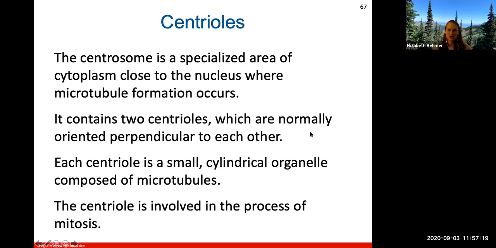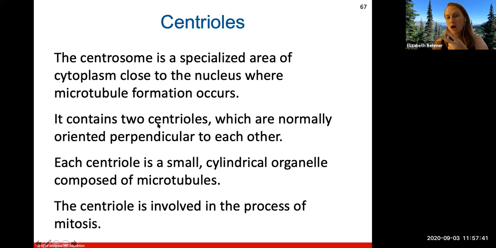Okay, so centrioles, we'll show a picture of what they look like in a second. The centrioles are important for mitosis, which is cell division. The centrosome is a specialized area of your cytoplasm close to the nucleus where microtubule formation occurs. And the centrosome contains 2 centrioles.